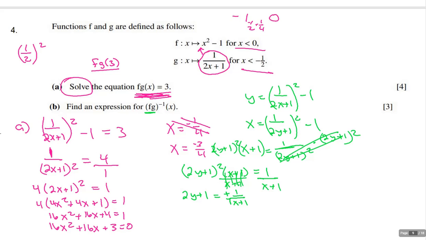All right, now what are we going to do? You're going to subtract 1 and then divide by 2, right? So y is going to equal, we subtract 1 and divide by 2, plus or minus 1 square root x plus 1.